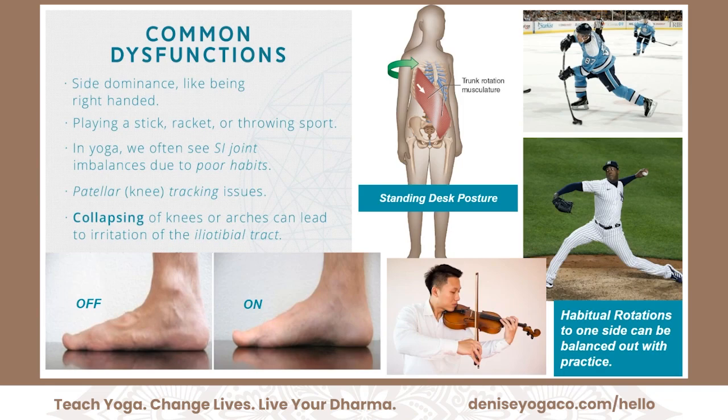A lot of times we hear cues where we have to keep the pelvis perfectly still and square to the front of the mat, or square to the side of the mat, and then we do some kind of rotation with the upper body, and the hips are not allowed to move. That's just not how the body works.